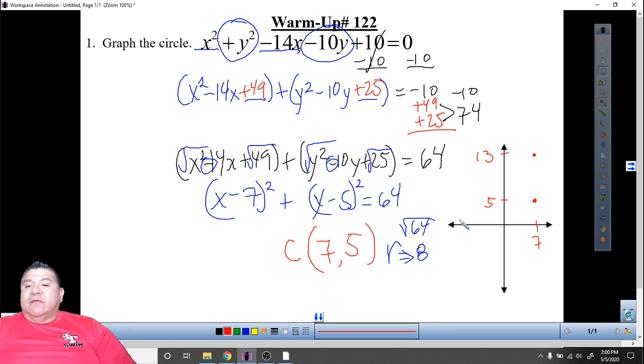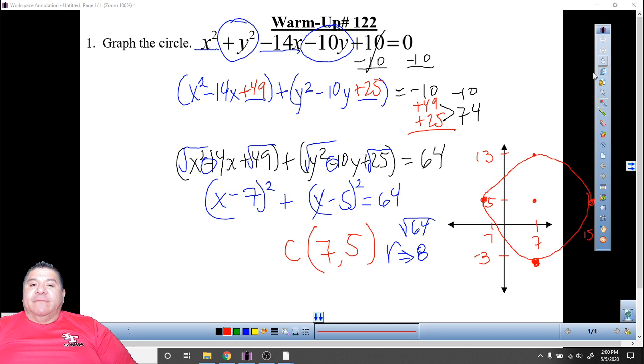If we're at 7 and we go 8 units this way, we are at -1. So there's our other point. And here at 5 and 8 units down, that's -3. There it is. And over here, 7 plus 8, that should be at 15. And our circle kind of looks like a circle. Sorry, guys. Anyways, you guys get the idea, right? All right.